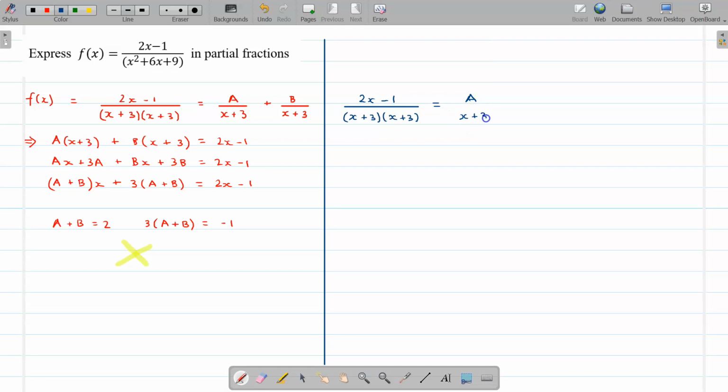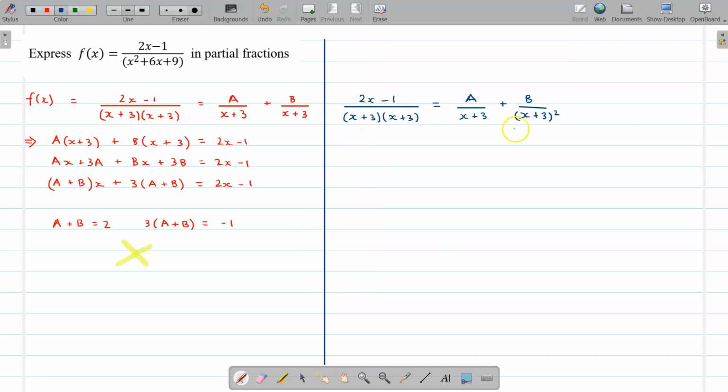But instead of putting b over x plus 3, we're going to put b over x plus 3 squared. So we're changing one of the denominators by squaring the repeated factor. Now it changes everything and it works. You see, we still have a common denominator of x plus 3 squared.